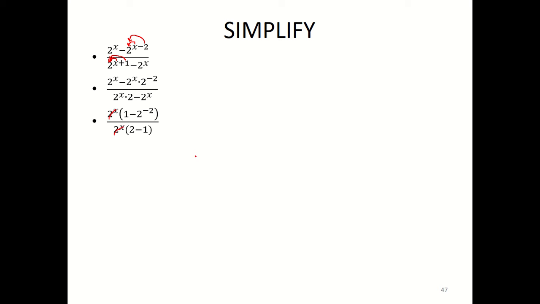In the numerator, I'll just be left with 1 minus 2 to the exponent of minus 2, while in the denominator, I'll just be left with 1. That is 2 minus 1 is just 1.